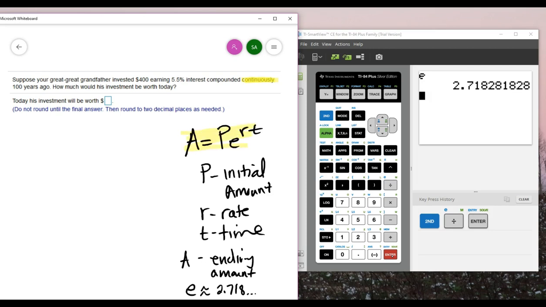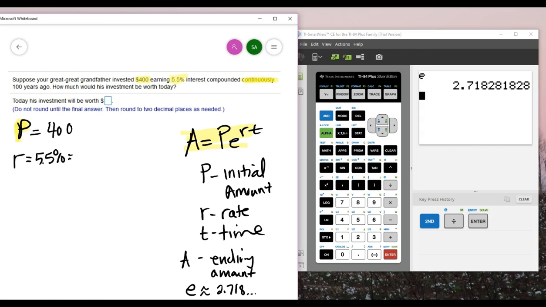So let's identify the different values in this problem. It says that your great-great-grandfather invested $400. That's going to be your principal. The principal is 400. The interest rate, 5.5%.